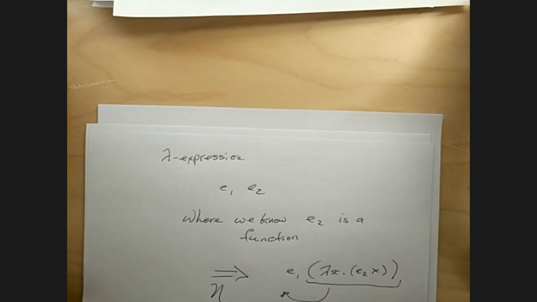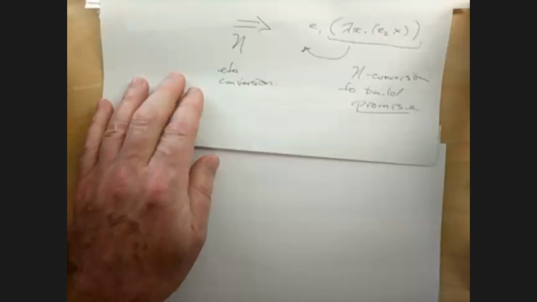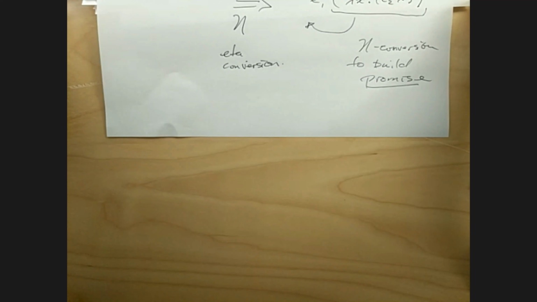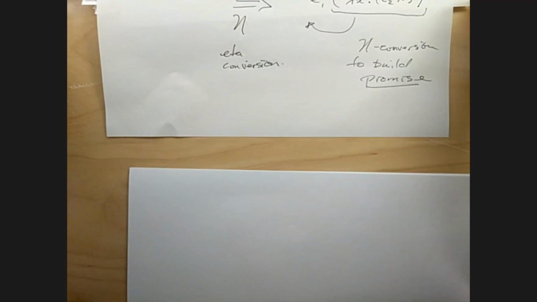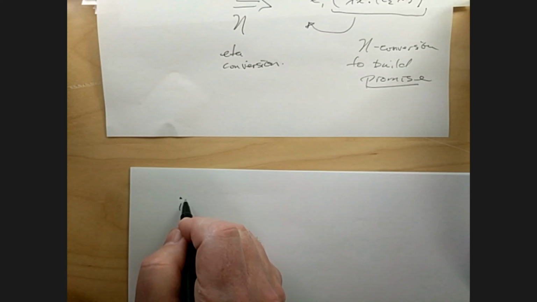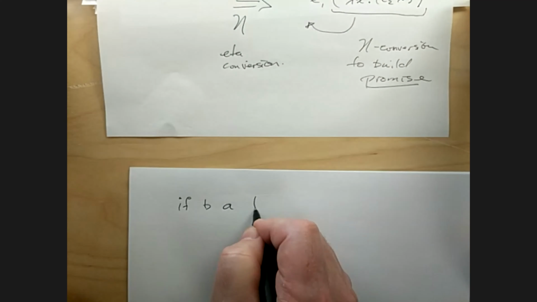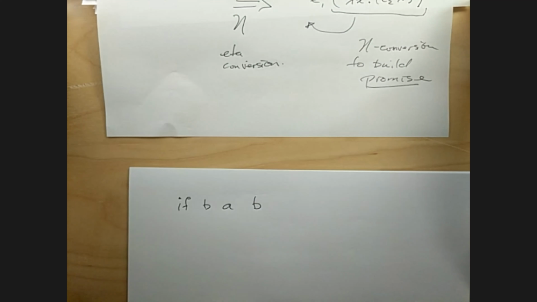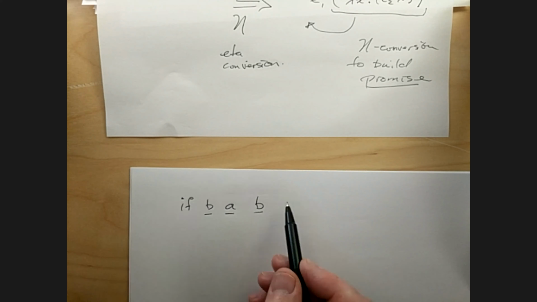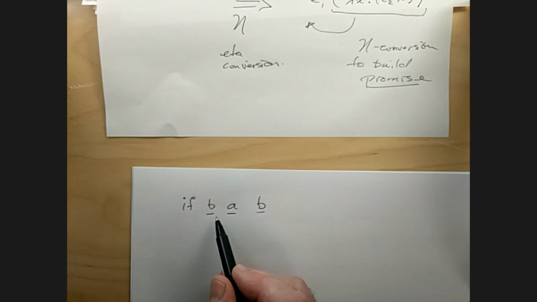So let's suppose, for example, we have if Boolean A, then B, where these are actually expressions. Basically, if we're just going to pass A and B to these things, we may need to evaluate these.